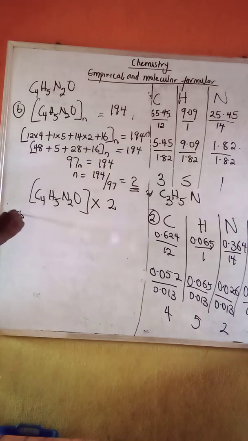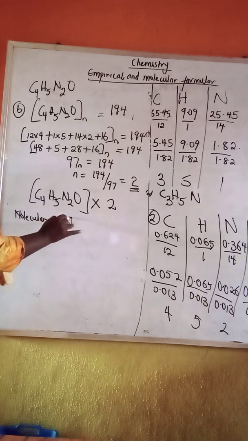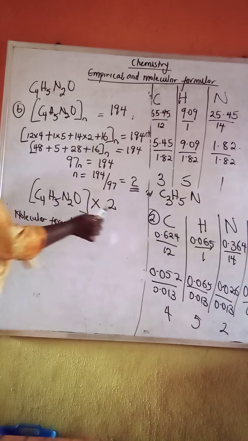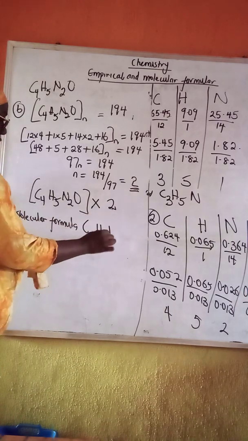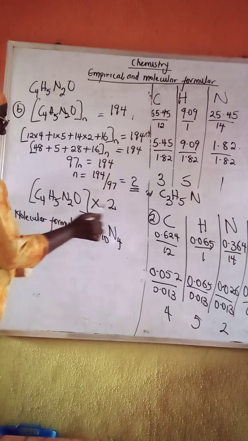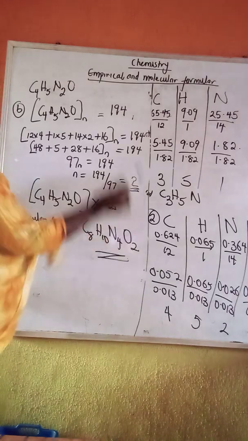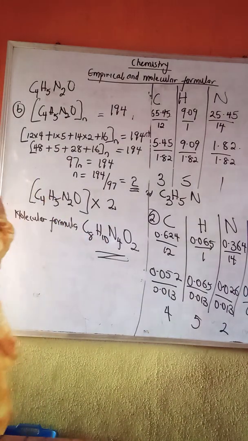So the molecular formula will now be 4 times 2, 8, C8, 5 times 2, 10, H10, 2 times 2, 4, N4, 1 times 2, 2, O2. Yeah, that is our molecular formula.